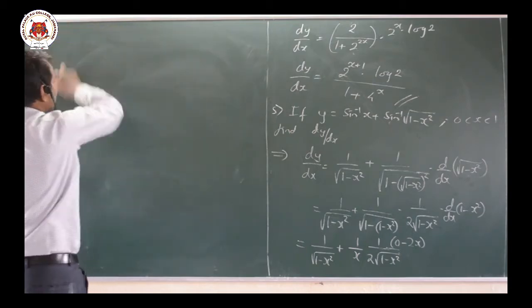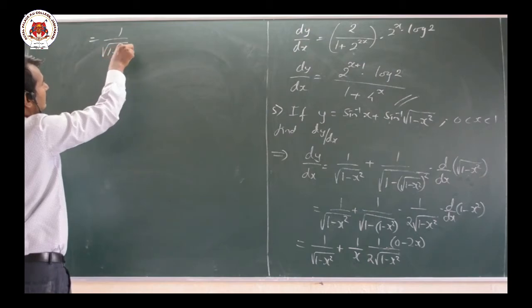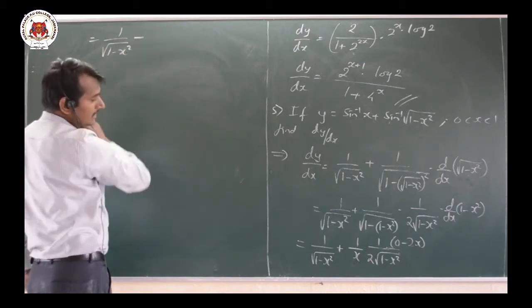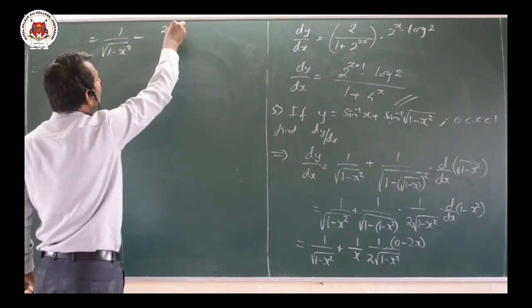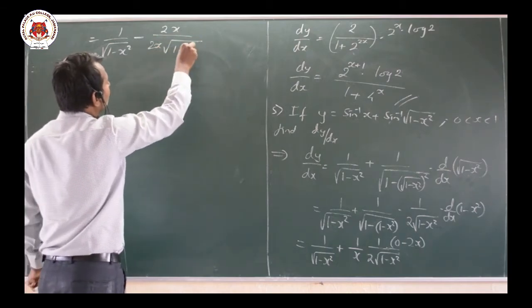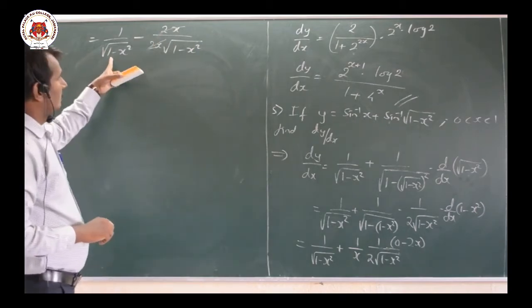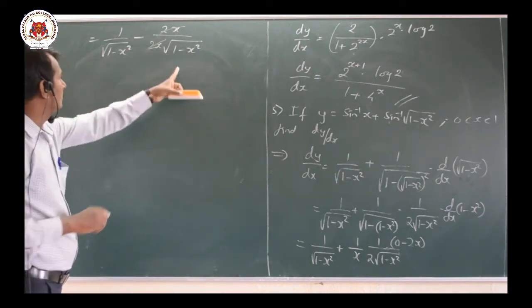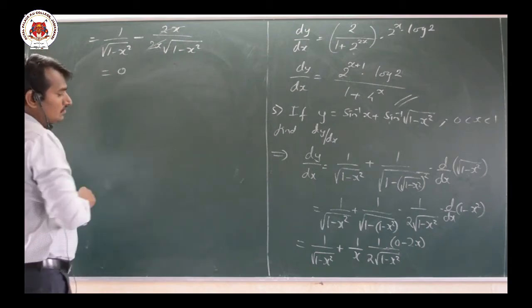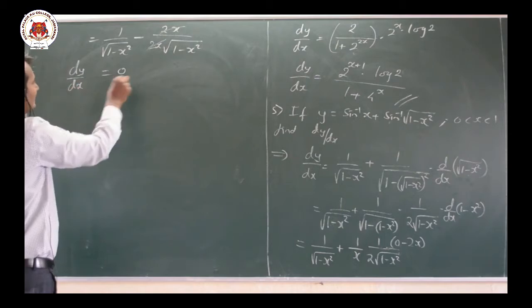What we get here is 1 divided by root of 1 minus x square, minus 2x divided by 2x root of 1 minus x square. Here 2x cancels, both terms are same, minus, 1 minus 1 the value will be 0. So dy by dx value will be 0 here.